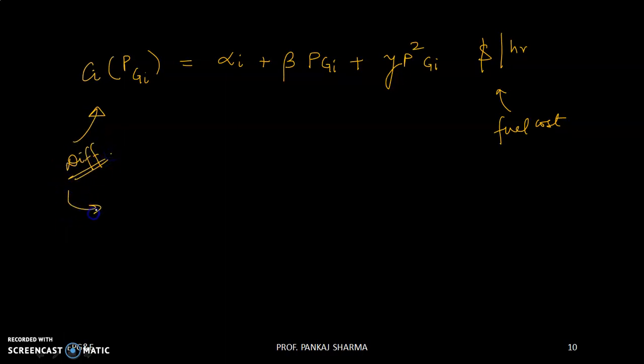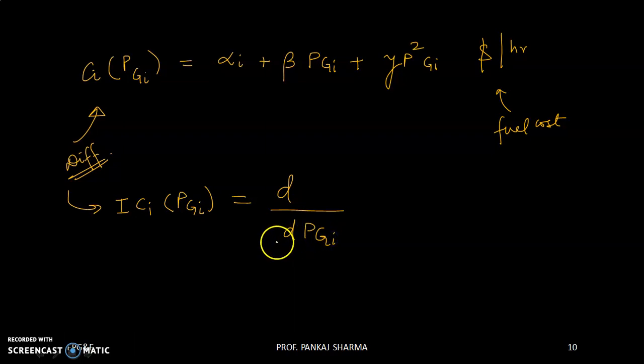After differentiating, we get the incremental fuel cost of the ith generator, which is d by dPGi.